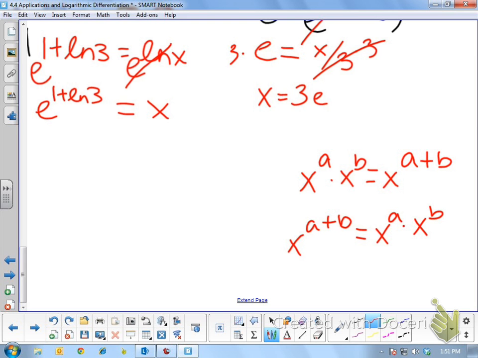You don't practice it as much in that direction. But just like any formula, I can use it from left to right or right to left. So I can change this plus sign and say e to the first times e to the ln 3. And then, what do we know about e to the ln? Cancels. So again, we get 3e.